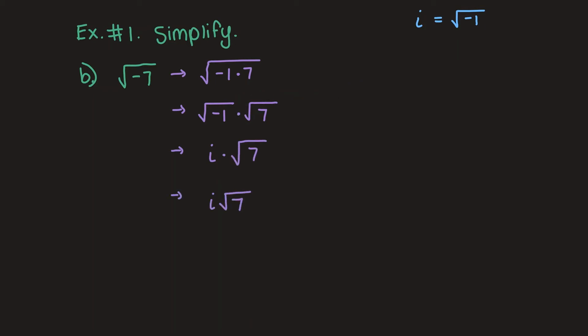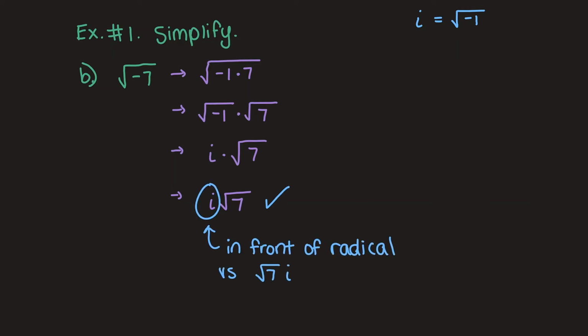Our original expression simplifies to i times the square root of 7. For this answer, let's keep it written so that the imaginary number i is written in front of the radical, just to be clear that the i is not written under the radical. It will be good practice to write the i before the radicals.